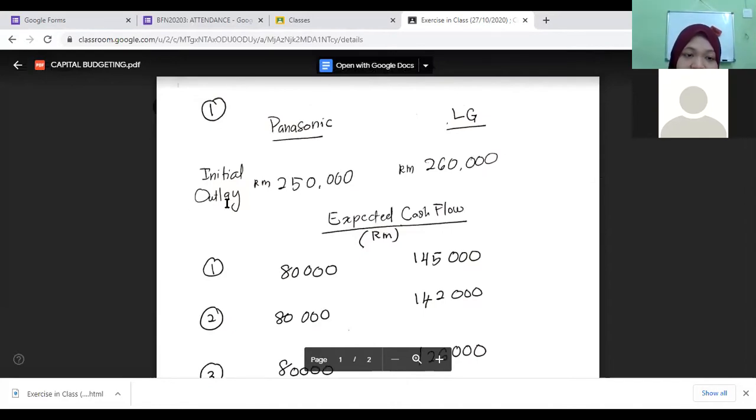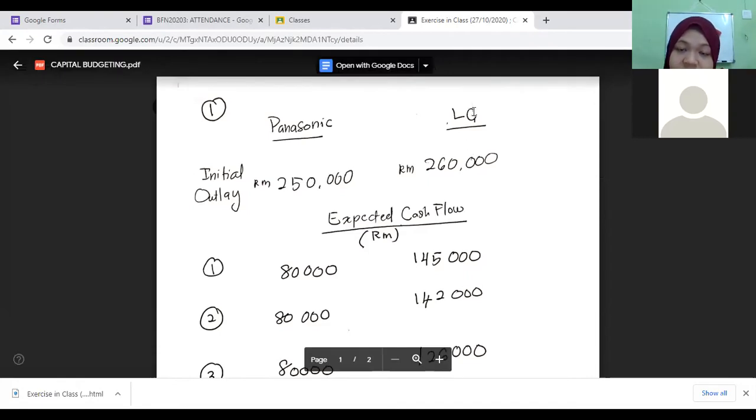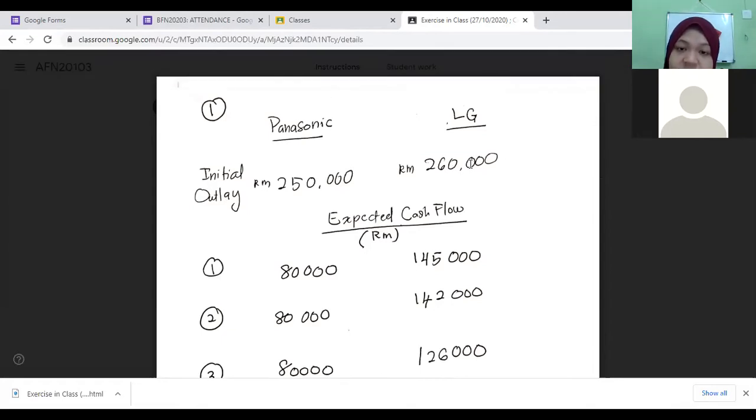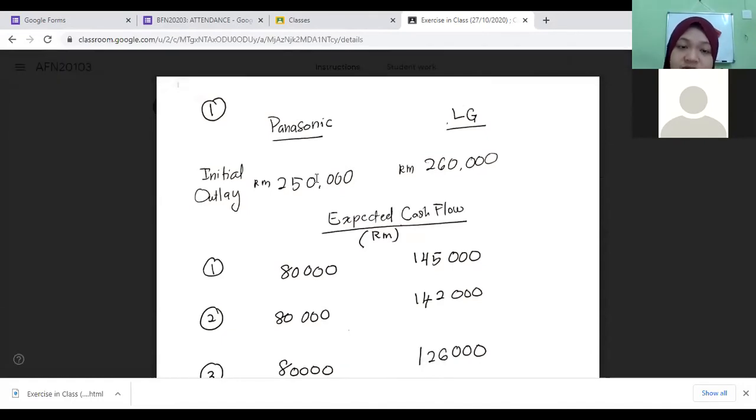Initial outlay is basically the modal, the investment that you are going to invest in each of the projects. So for LG, you need 260,000 to invest in this project. For Panasonic, you need 250,000 to invest in this project.